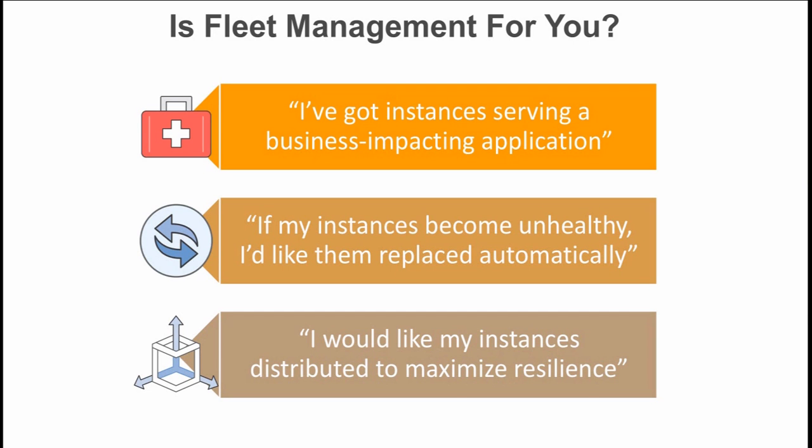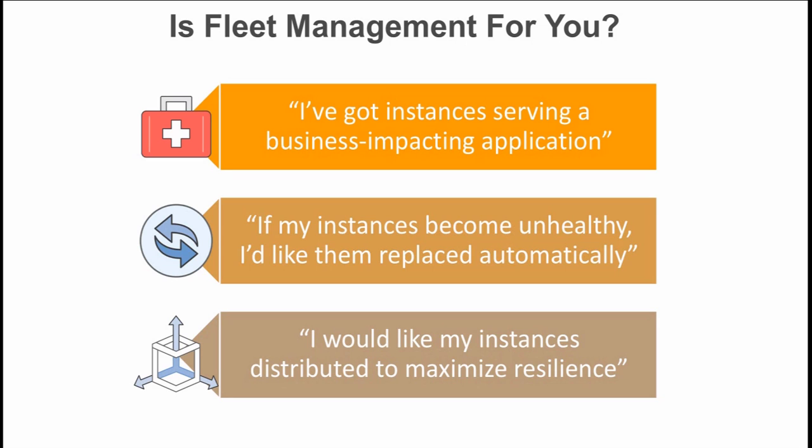All right, so if you can answer any of those questions with a yes, then fleet management really is for you, right? If you have applications that serve a business critical need, you really want to make sure that you have a solid fleet management solution in place that looks after your instances and replaces them if need be.